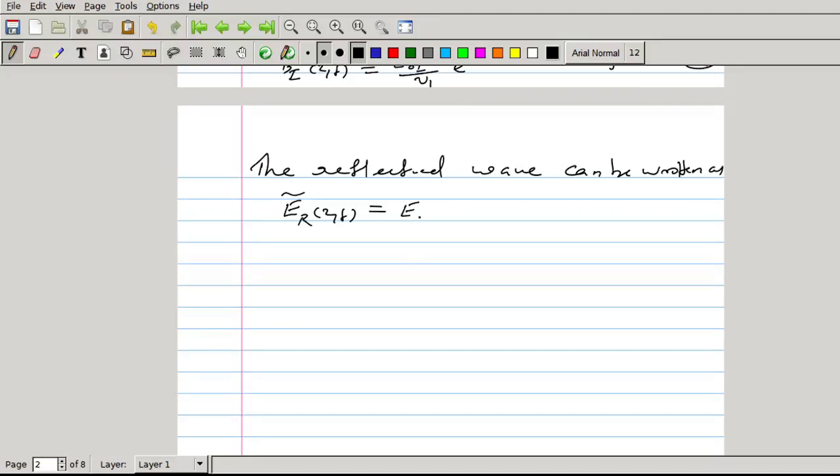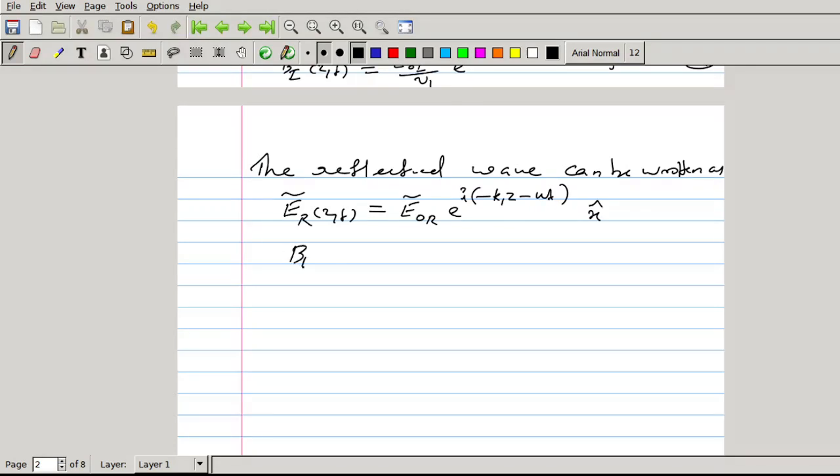What is this? E_0R e raised to i. For the reflected wave, the wave vector is minus k1. It is traveling opposite to the incident wave. So we can write it as i(minus k1 z minus omega t). The field vector is along x direction.